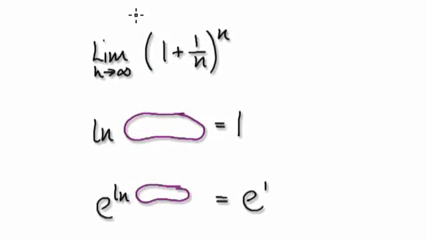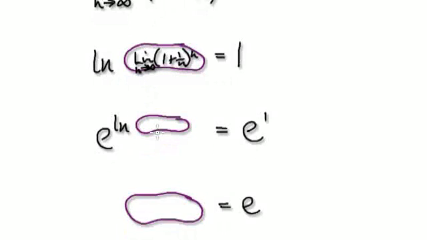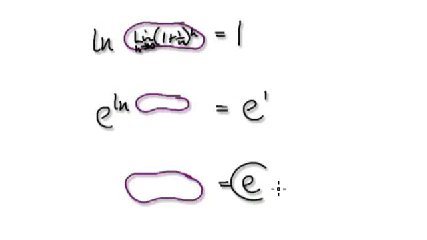And don't forget that bubble is this thing here, 1 plus 1 over n to the power of n as n tends to infinity. So if you carry through, e equals that thing there.